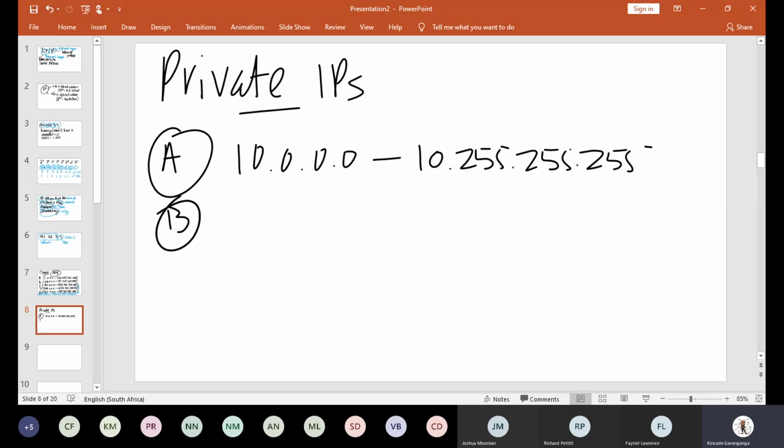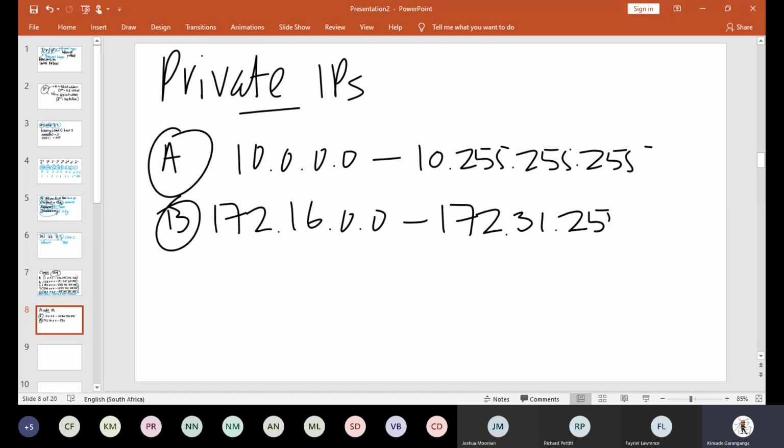And then Class B would sit with 172.16.0.0 all the way to 172.31.255.255.